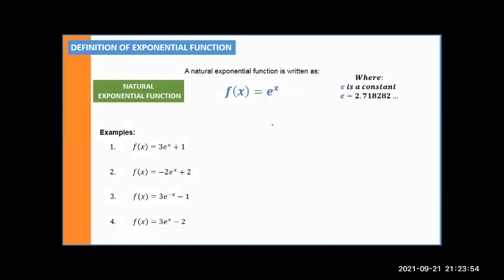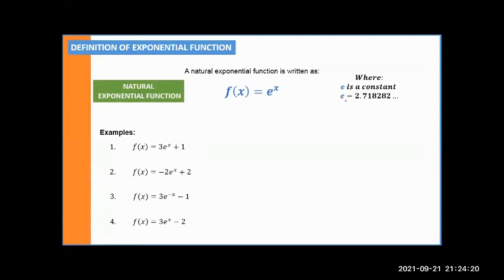So, meron din tayong tinatawag na natural exponential function. So, a natural exponential function is written as f of x is equals to e raised to x. So, para siyang basic exponential function, pero ang base niya is letter E, wherein yung letter E na yun is a constant number na merong equivalent.